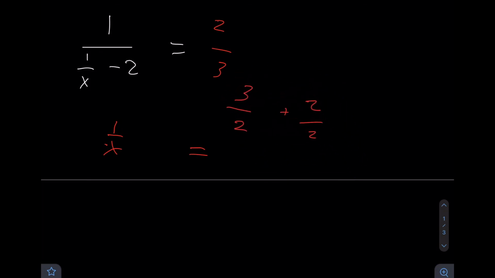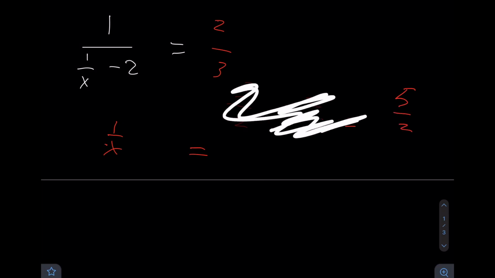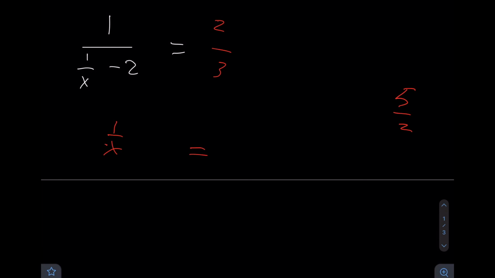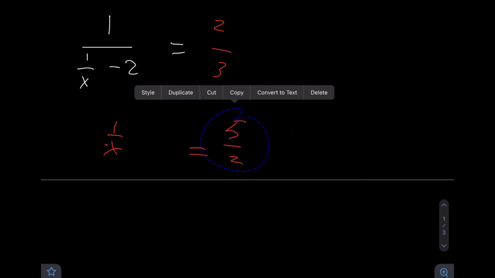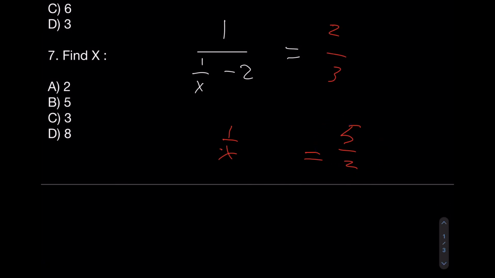All right. 5 over 2 is equal to x. So we can see that at the end of it, the denominator on both sides is 2, and thus x will also be 2. Here is x, here is 2.